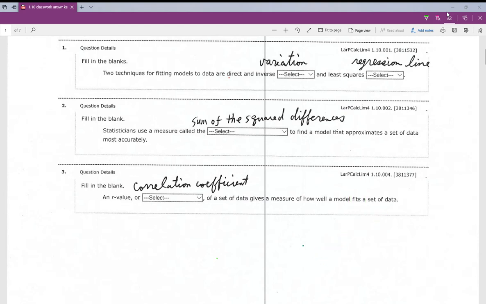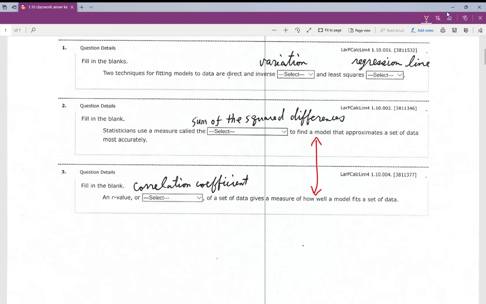Okay. So first, you have to remember that the R value's name is correlation coefficient, for you to decide if this is a good fit to a model, yes or no. And number 2, we can use the sum of the squared difference to find a model that you can choose. Same thing, these 2 are similar.